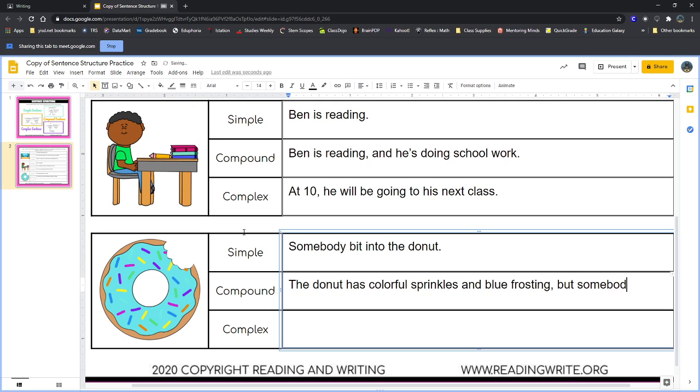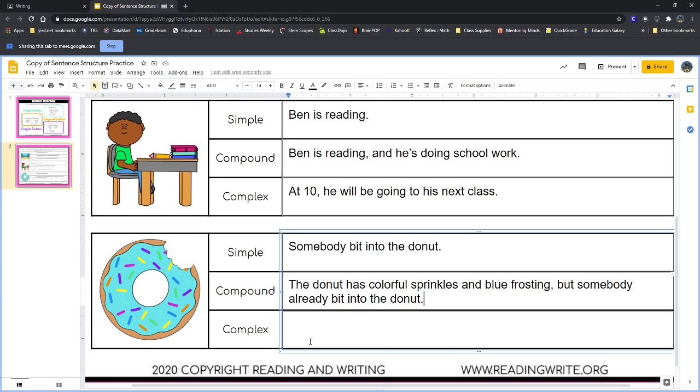But somebody already bit into the donut. I like that because the very beginning sounds very excited, like, ooh, I can get this donut. And then they saw that someone took a bite out of it and they're like, I don't want the donut anymore. Someone bit it. Bless you. Okay.